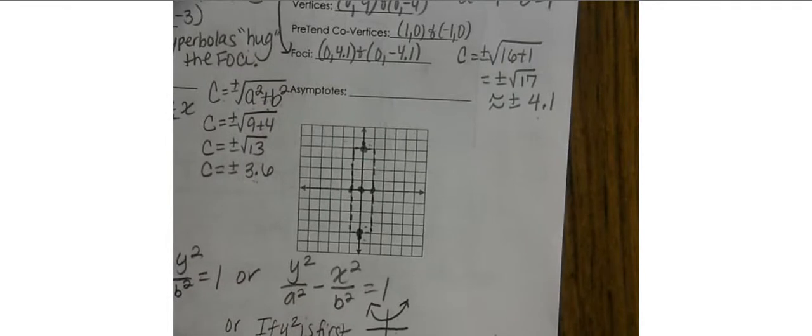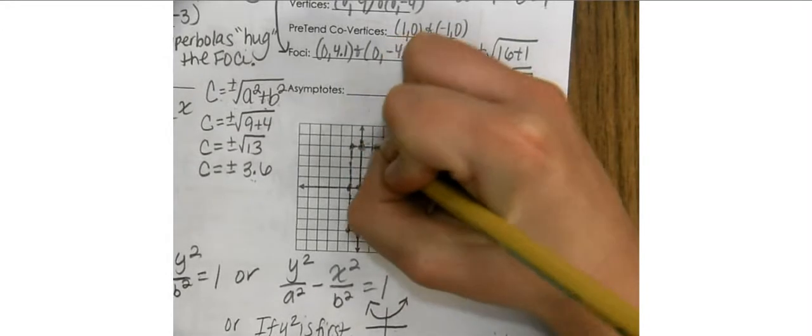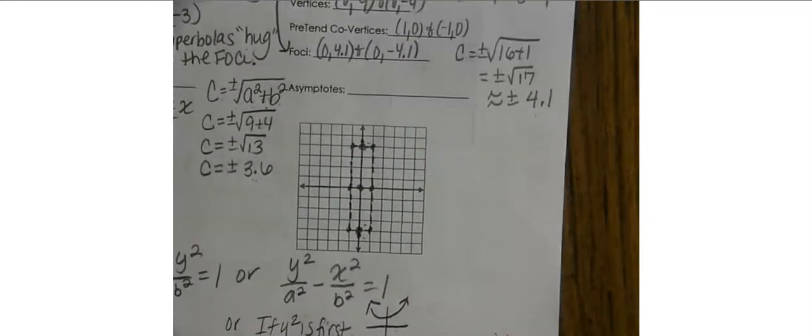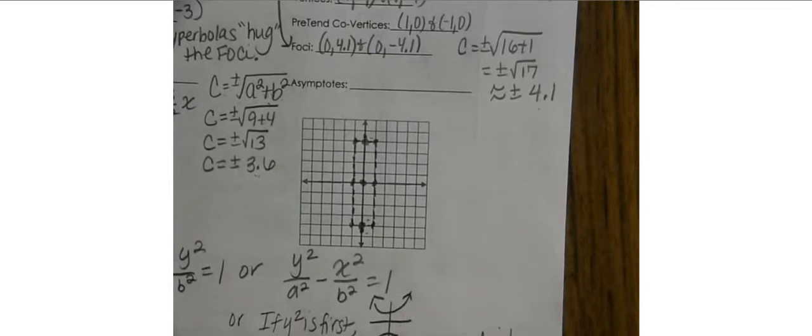Next, I need to dot my corners. So I'm going to dot my corners. Next, I'm going to draw dashed asymptotes through the corners and 0, 0. This is going to give me my structure.